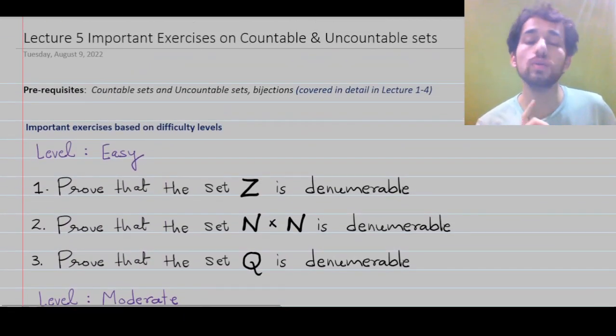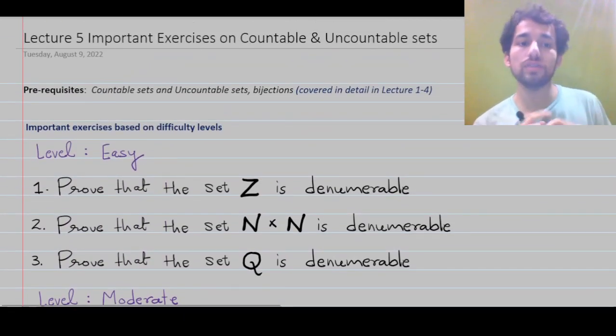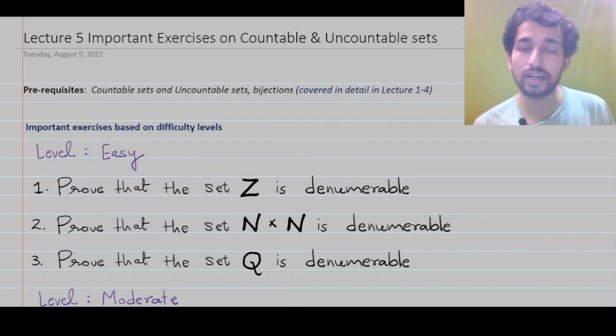I just want to say one thing: if you want to get a good hold on the notion of countable and uncountable sets, solve each of the exercises coming in this lecture today, in total they are 10.